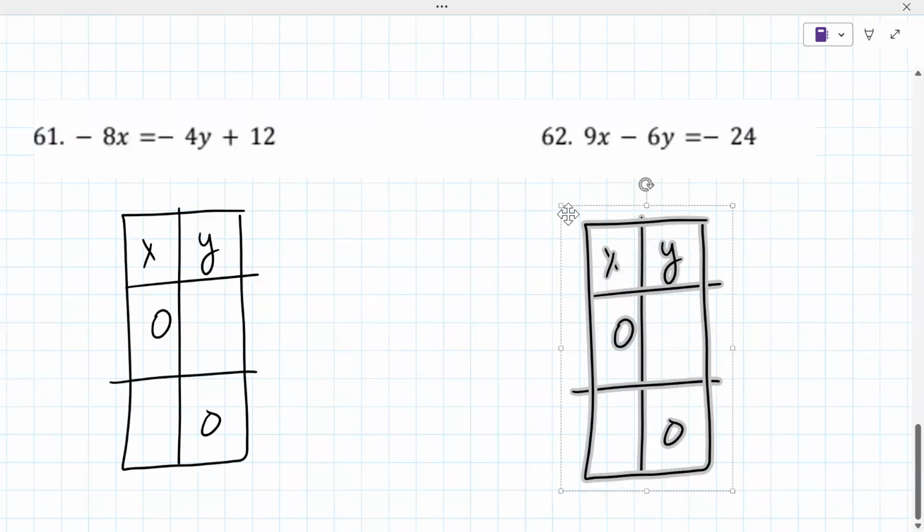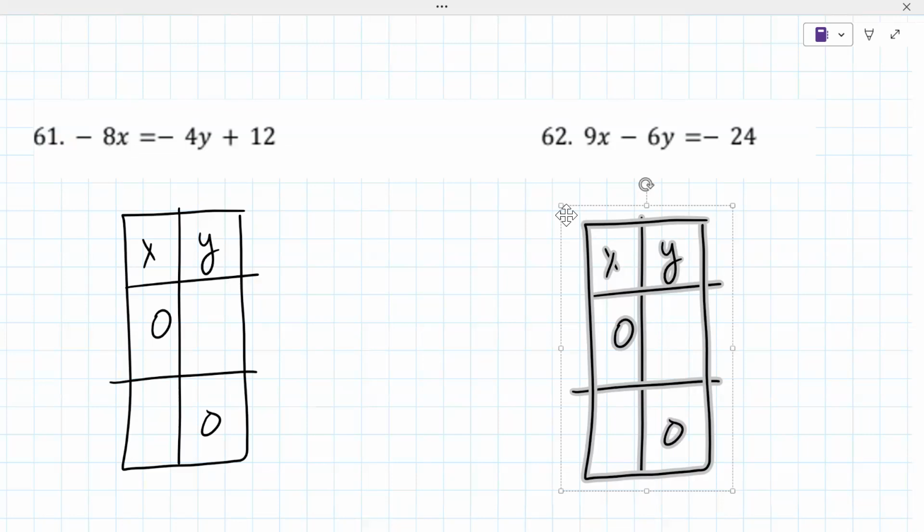Okay. And here. Trying to think. So then 9, or I'm not doing 62. I'm doing... So then x would be, so 0 for y, negative 12 over 8.